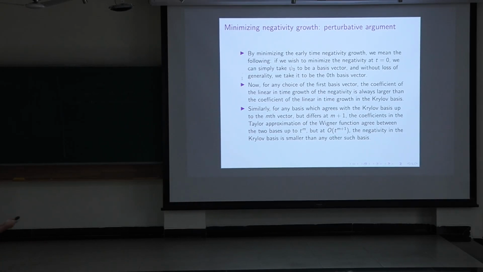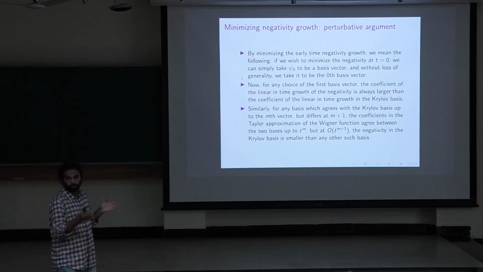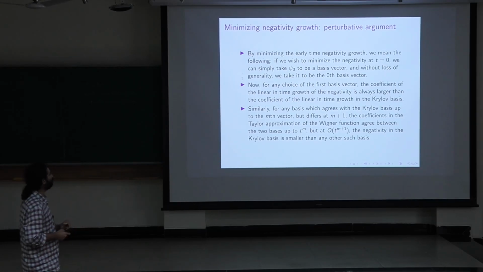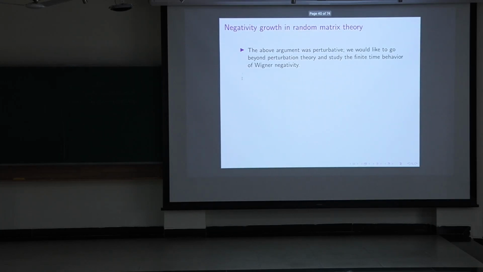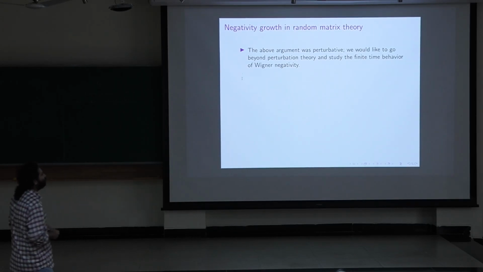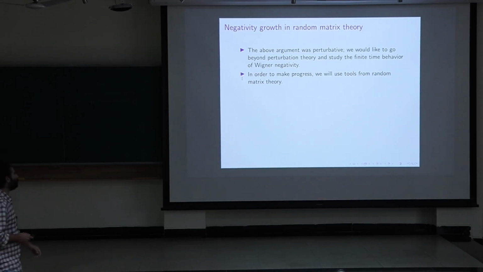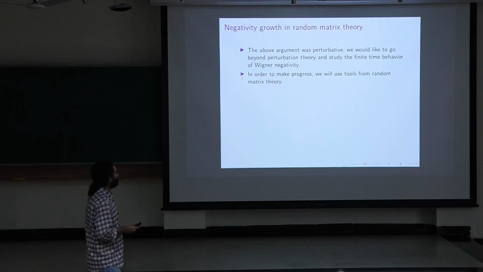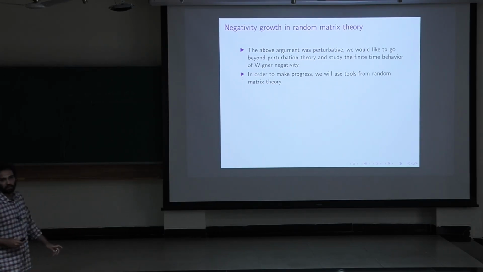Now, of course, this was a perturbative analysis. It was looking at the negativity growth in perturbation theory in time. But we would like to say something more. We would like to say something about the finite time behavior of Wigner negativity. And here, in order to make progress, we will resort to using tools from random matrix theory, because otherwise these calculations are pretty hard.